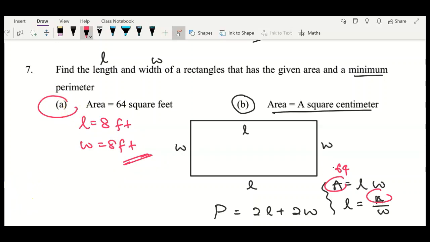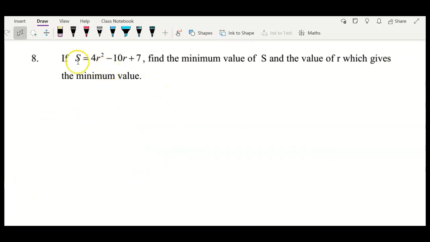Let's try it out. For question 8, S is given as a function in terms of R, and find the minimum value of S and the value of R. So for this question, you should have two answers.